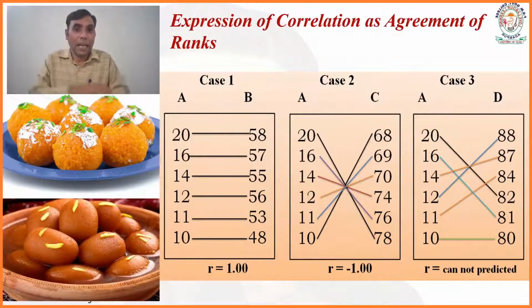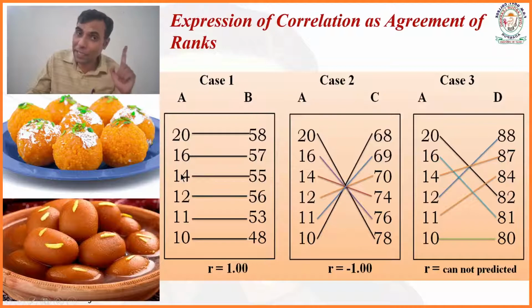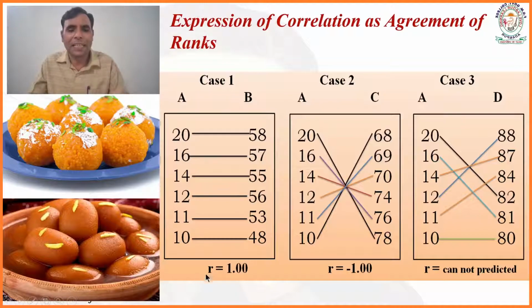Now, if you want to express the correlation as an agreement of ranks, we will express it this way. In the first case, this is the data set of variable A, and this is the data set of variable B. If the lines are straight between these two rankings, then r will be 1. That is a perfect correlation.